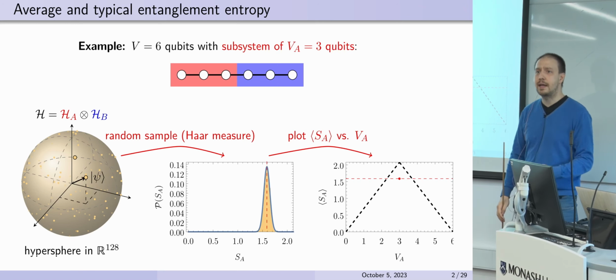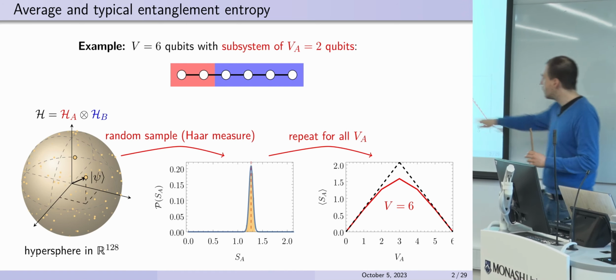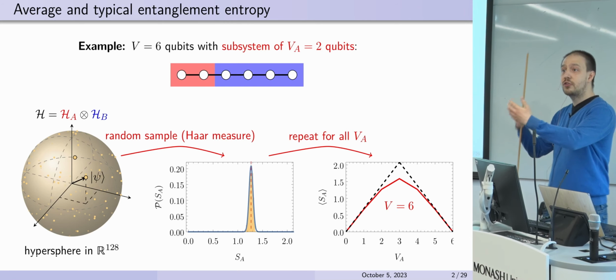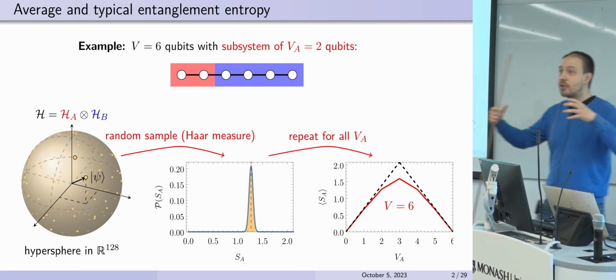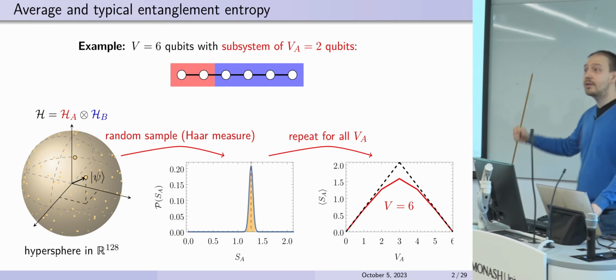And this is the Page curve that describes the average entanglement entropy averaged over all states, over this sphere, as a function of the subsystem size. And one can show that it's always symmetric because the entanglement entropy is symmetric under exchanging subsystem and its complement. It really describes the mutual correlations between the two systems, and so it doesn't matter which one is A and which one is B.